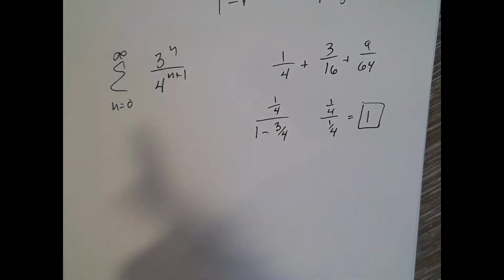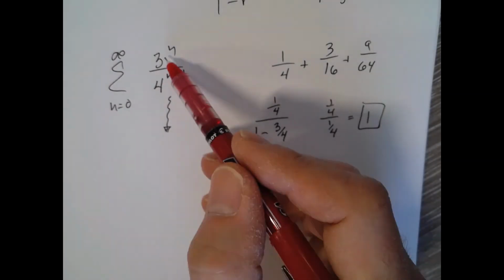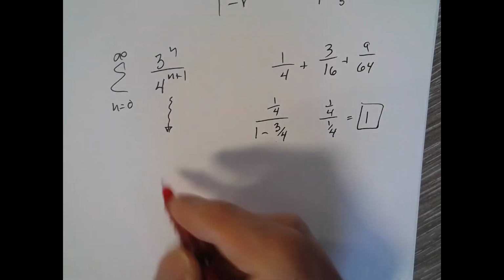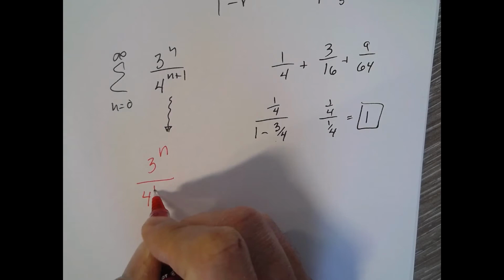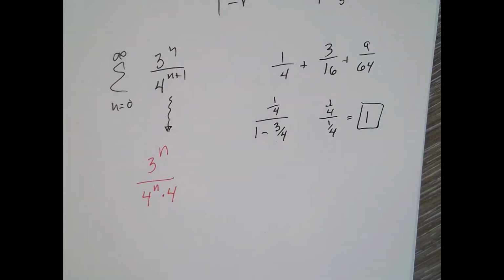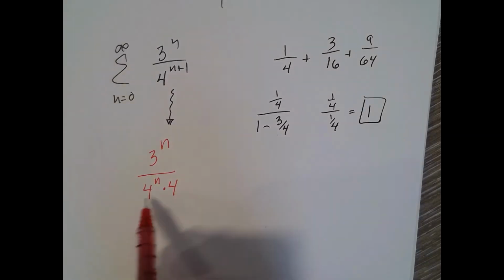Another way we could have done it, if I have 3 to the n over 4 to the n plus 1, I'm going to go 3 to the n over 4 to the n times 4, that's 4 to the n plus 1.